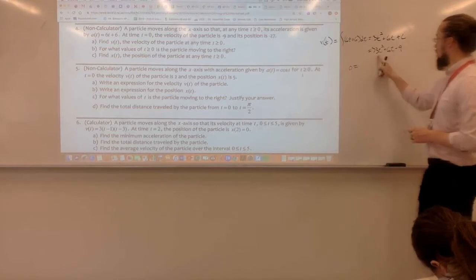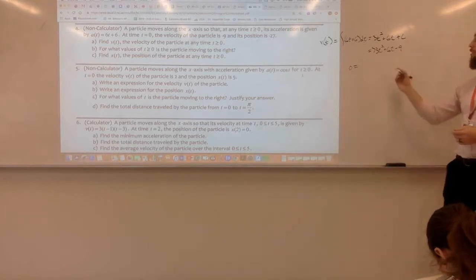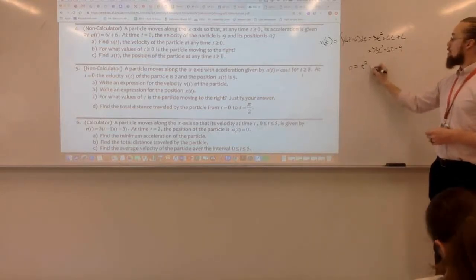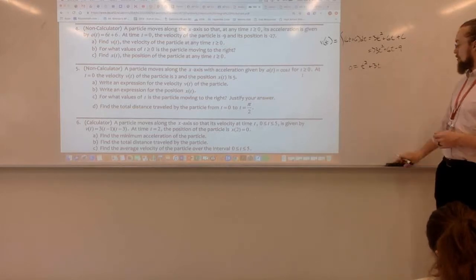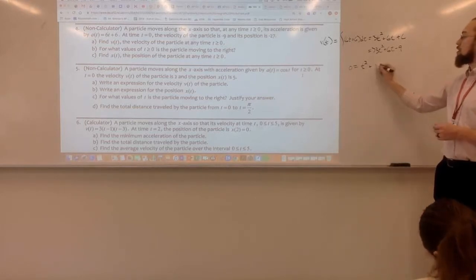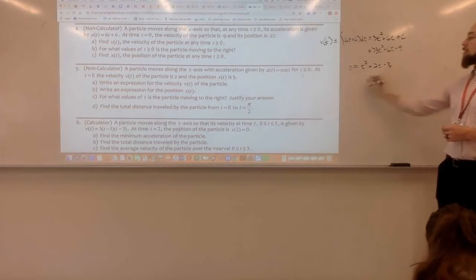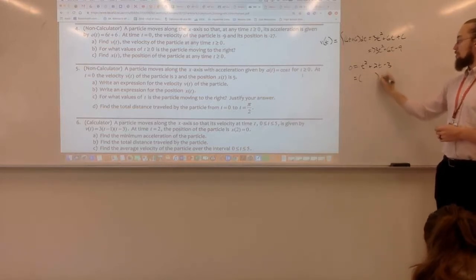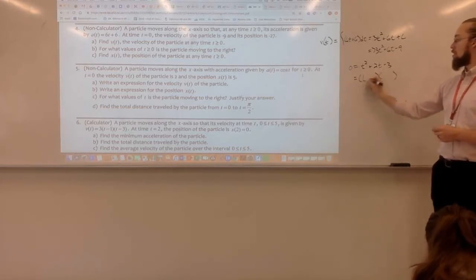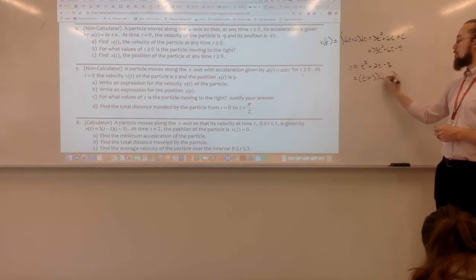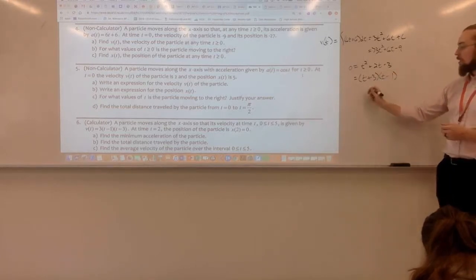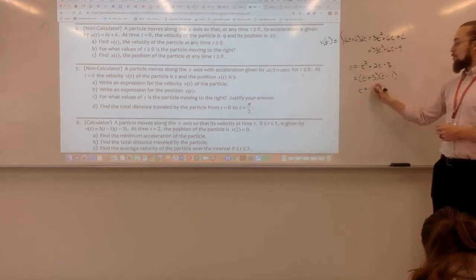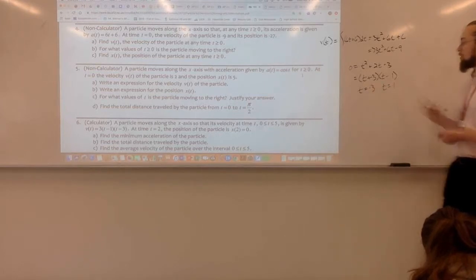So, I can just divide out a 3 here, and just make this t squared plus 3t minus 2t minus 3. Then I think this factors nicely, right, into t plus 3 and t minus 1. So we would get t equals negative 3 and t equals 1.